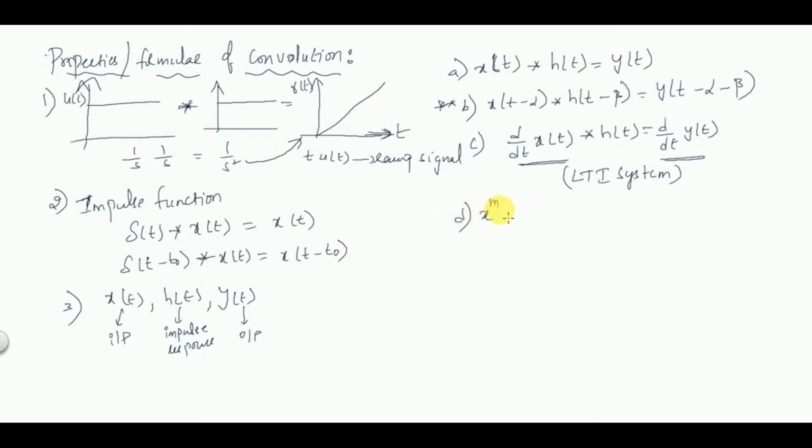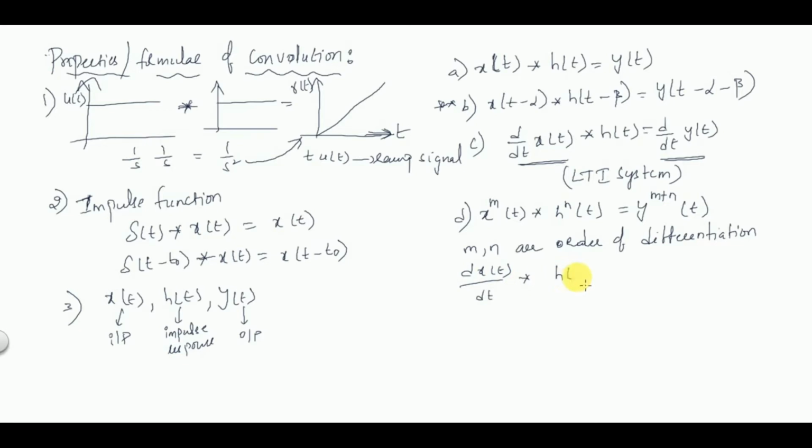Next, x power m of t convolved with h power n of t is equal to y power m plus n of t, where m and n are the orders of differentiation. That means if x of t is differentiated one time, convolved with h of t also differentiated one time, then you have to differentiate y of t two times, d square y of t by dt square.